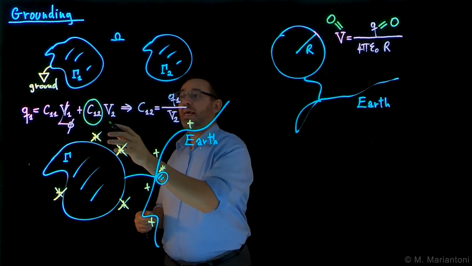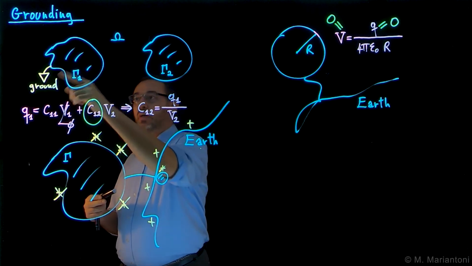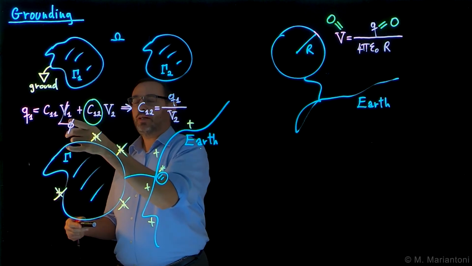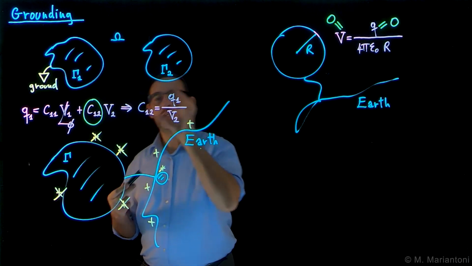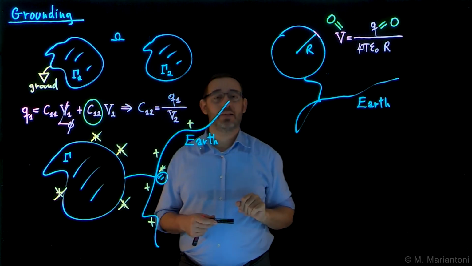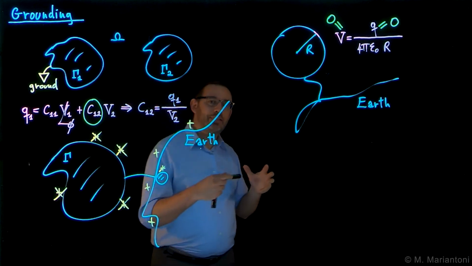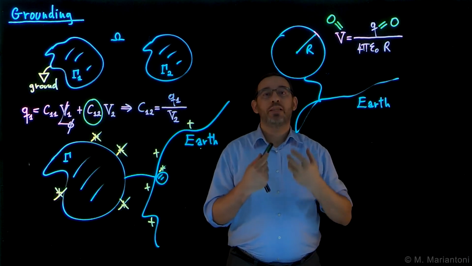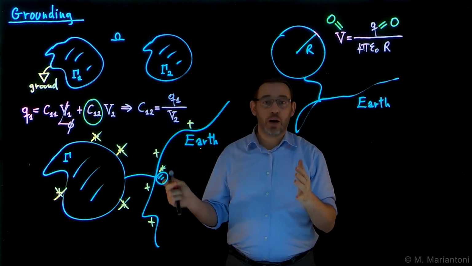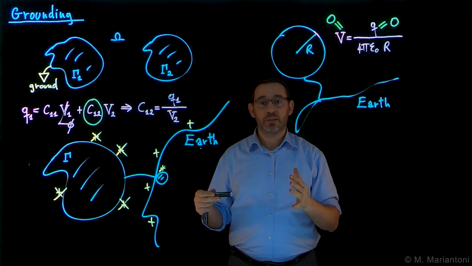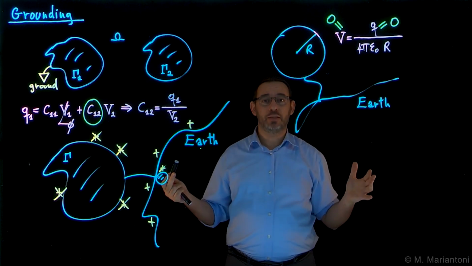And that's how we can implement such a scenario, grounding this object to the Earth so that its potential goes to zero, and we can isolate C12, the cross capacitance we wanted to get. So this is, conceptually, what it means to ground an object, which is really important in pretty much all experiments in physics. That's it.